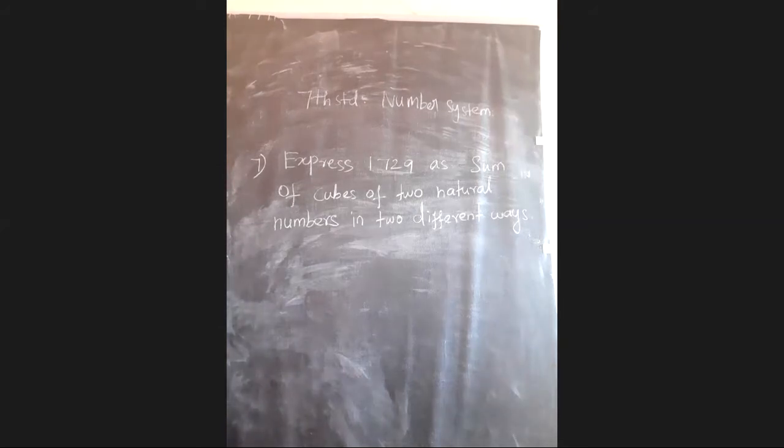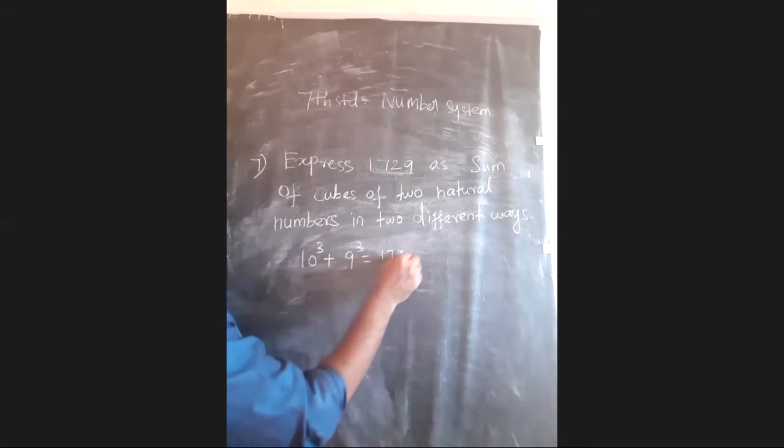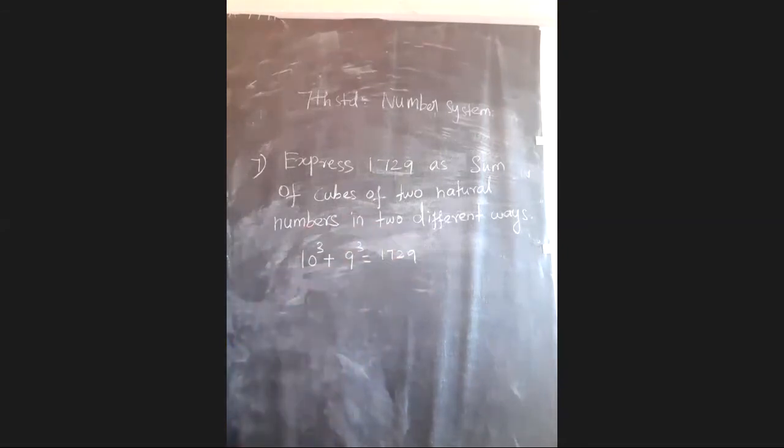Yes, one student wrote the correct answer. 10 cube plus 9 cube is equal to 1729.